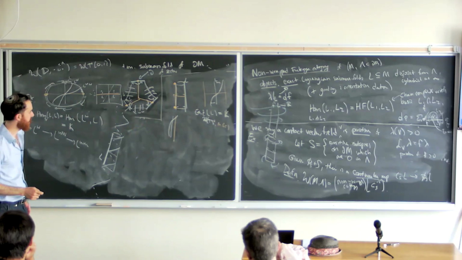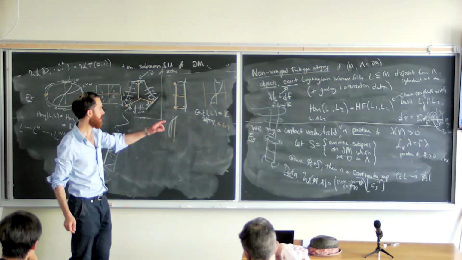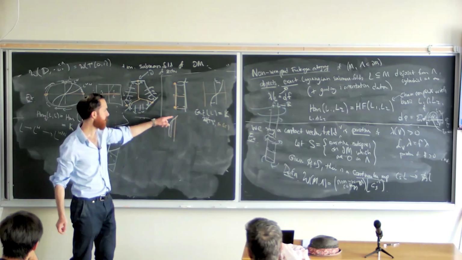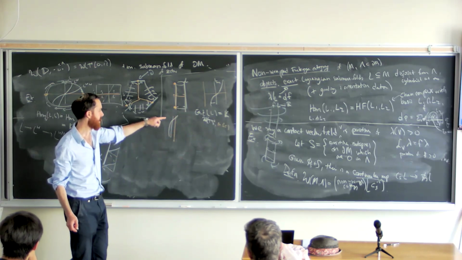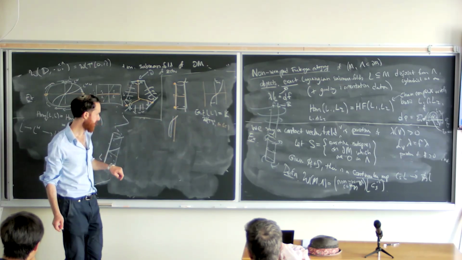The difference between the fully wrapped Fukaya category and the wrapped Fukaya category with a stop is that in the latter, I'm going to say that these two Lagrangians are the same.